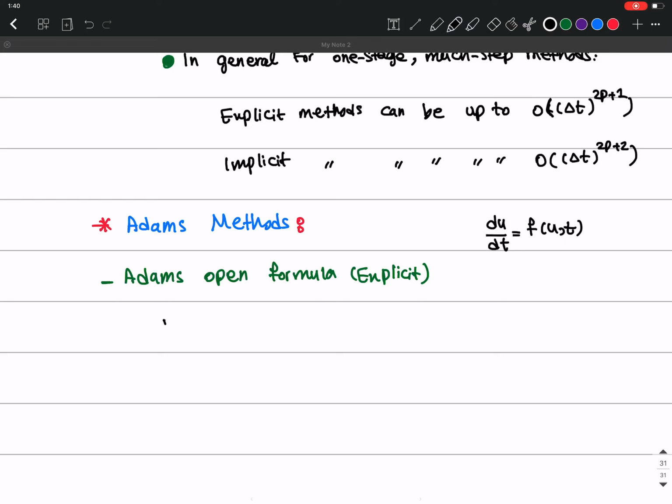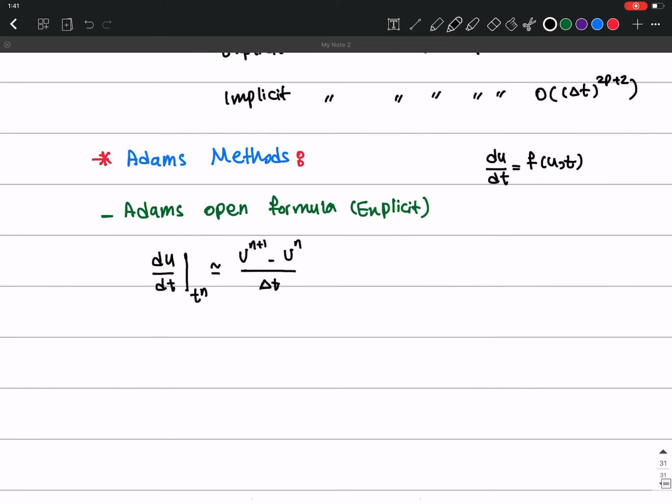So du over dt, how are we going to evolve it in time? At time n, it can be approximated as u at n plus 1 minus u at n over delta t, the simple forward Euler method.